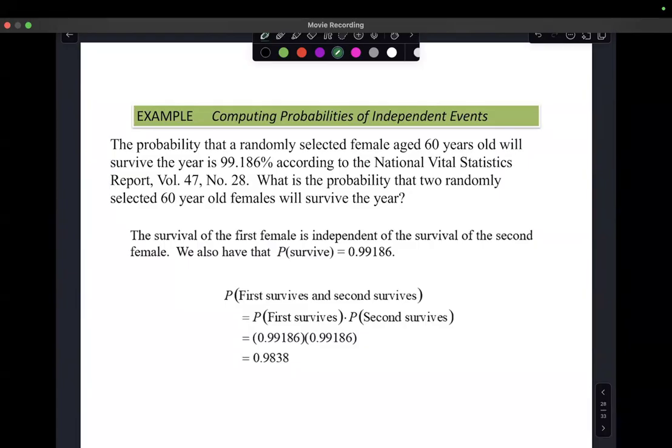We're using the same probability because each woman has her own probability. The probability of this one surviving is 0.99186, and the probability of this one surviving is 0.99186. We multiply those together, so the probability of both of them surviving is 0.9838, or 98.38%. We're going to do more examples.